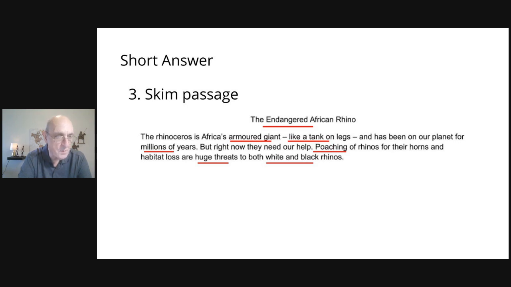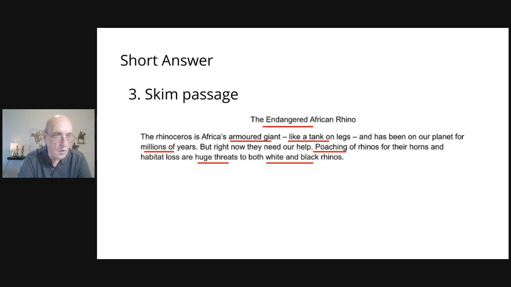So the difference between skimming and scanning is this. You skim the passage once and only once. And you read every word as quickly as possible and underline all the keywords that are going to help you identify the information you need, no matter which question type you face throughout the passage.